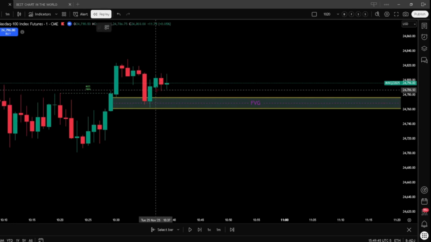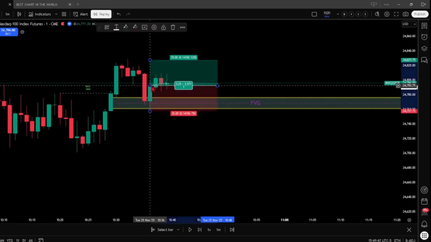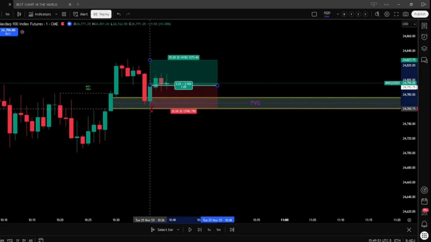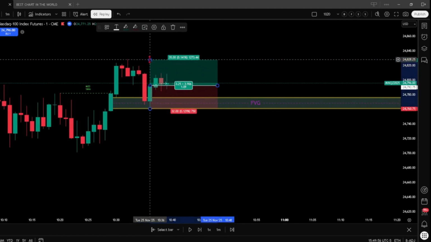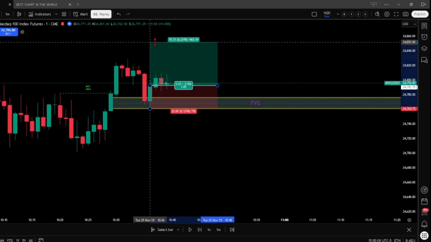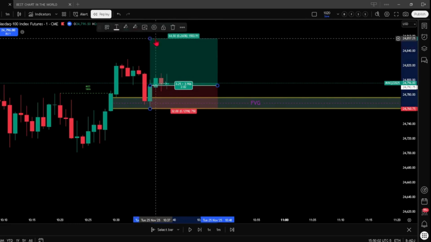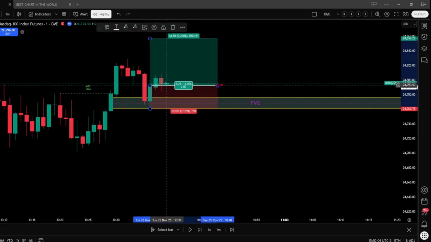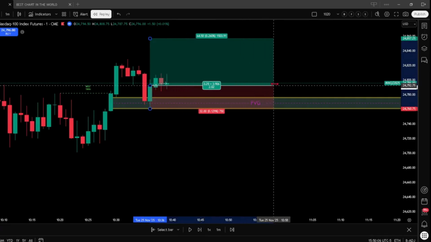Take our long position. We're here. Our stop loss is going to be 32 points. We're shooting for 64. So 1 to 2 risk reward.